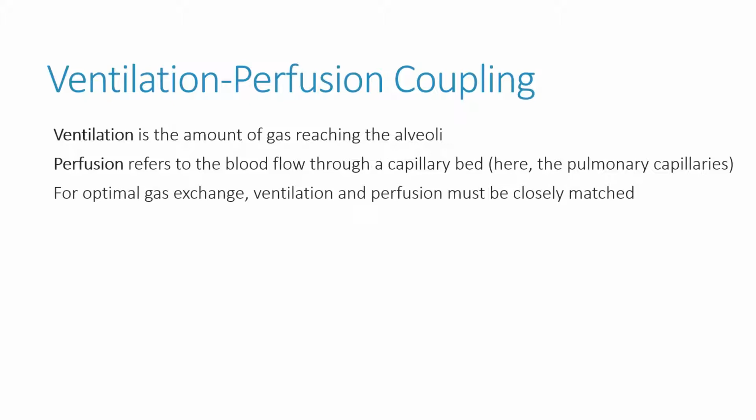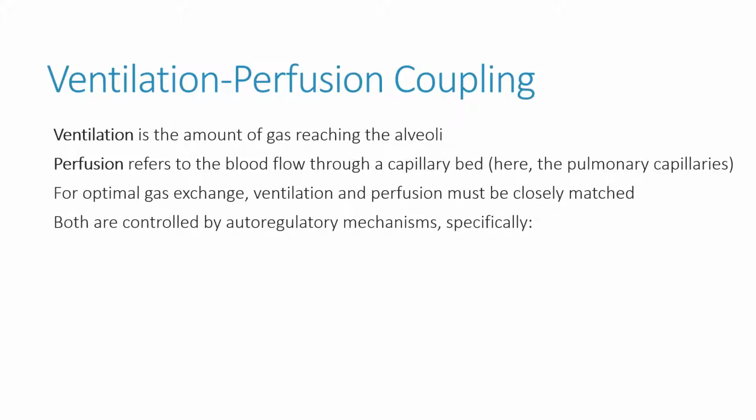For optimal gas exchange, we need ventilation and perfusion to be very closely matched with each other, so that the air reaching the alveoli has enough time to diffuse into the blood and get a good saturation with oxygen. If we're not breathing fast enough, or if blood is moving too quickly through the capillary bed, we're not going to be able to get all the oxygen into the blood that we need.